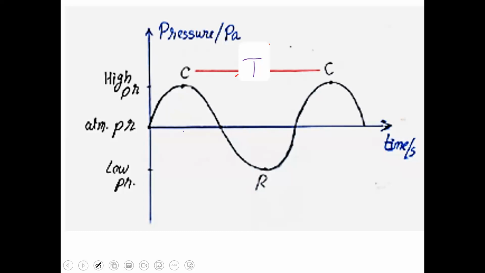In a longitudinal wave, pressure increases and then decreases. It's a cycle of pressure. C stands for compression.